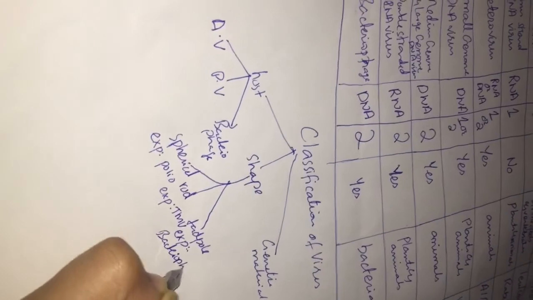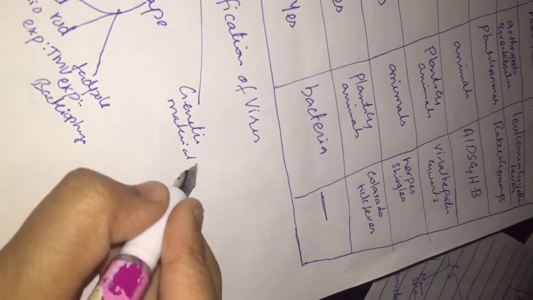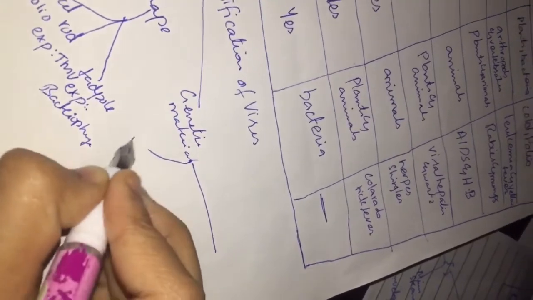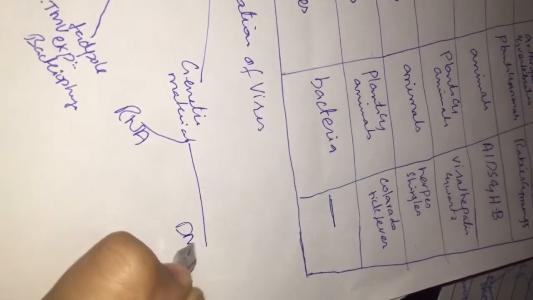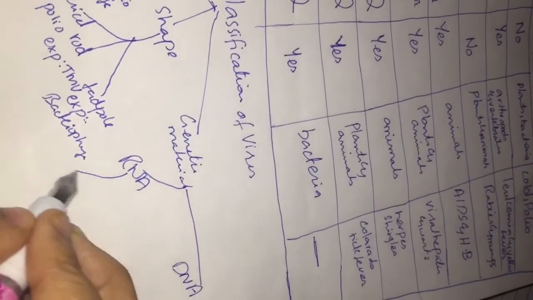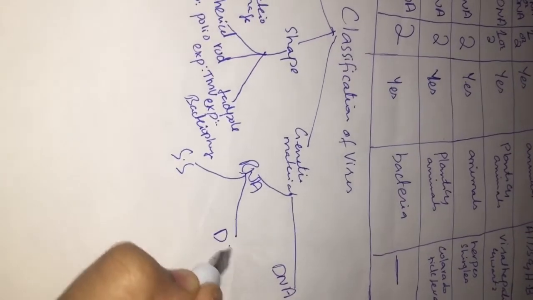Classification of viruses based on genetic material will have either RNA or DNA as their genetic material. RNA can either be single-stranded or double-stranded.